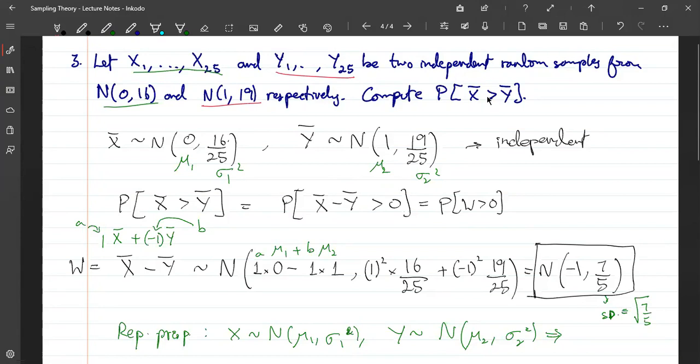Such a question cannot be asked with most other distributions, because then you would have to compute the probability of a 2-dimensional random variable by integration and so on. If it is already the sample mean of some other distribution, it will probably have a complicated distribution, which is very difficult to compute. So this is possible, as far as textbook problems or exams are concerned, only with normal distributions.